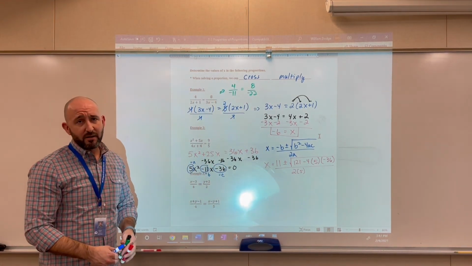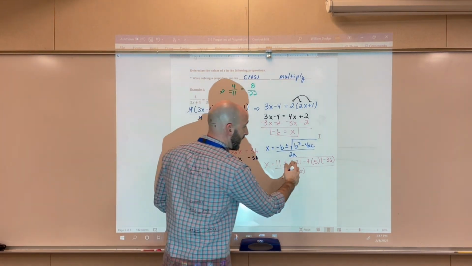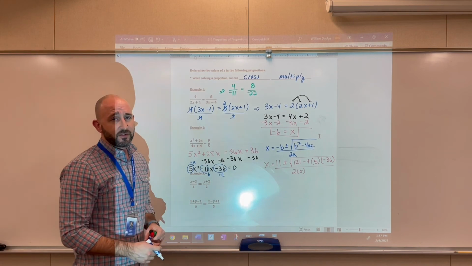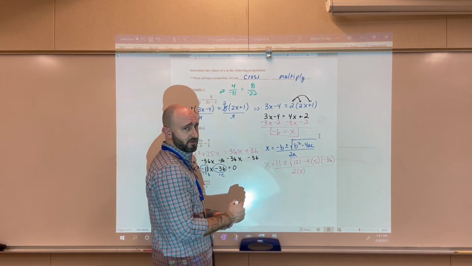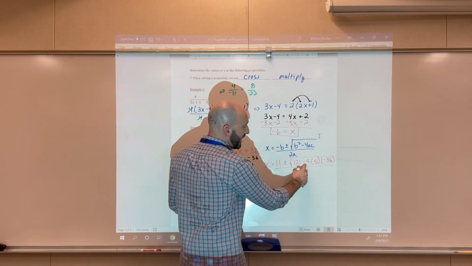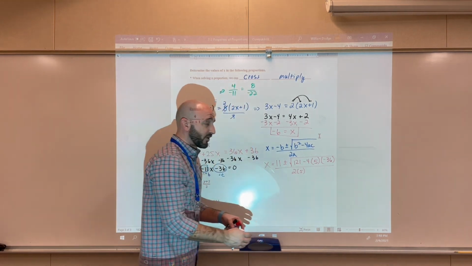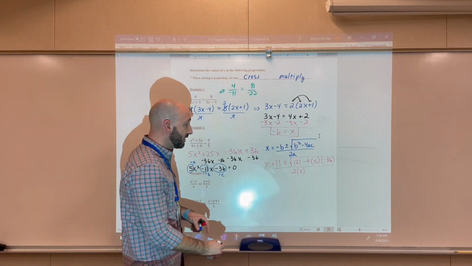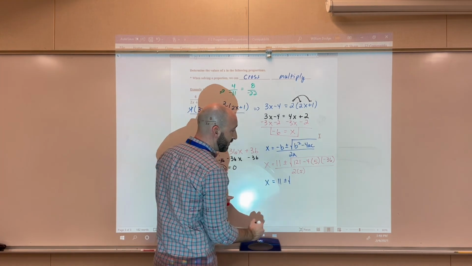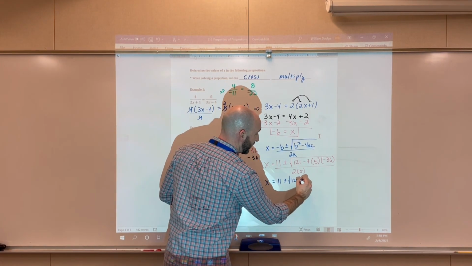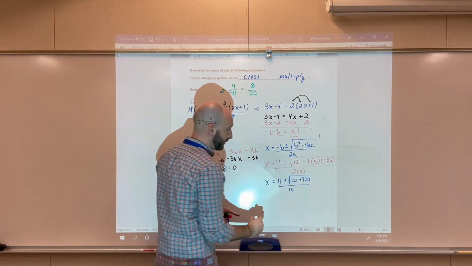So again, now it's just a matter of reducing this to get our solution. So let's deal with the expression that's underneath the radical sign first. 121, we're not going to reduce that yet. But we have negative 4 times 5, which is negative 20. And then negative 20 times negative 36 is positive 720. So right now we have x equals 11 plus or minus the square root of 121 plus 720, and then that's all going to be over 10.